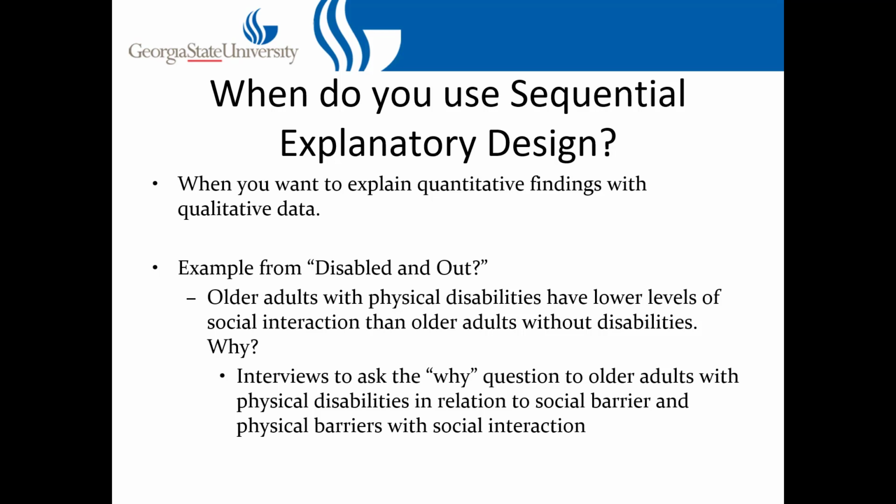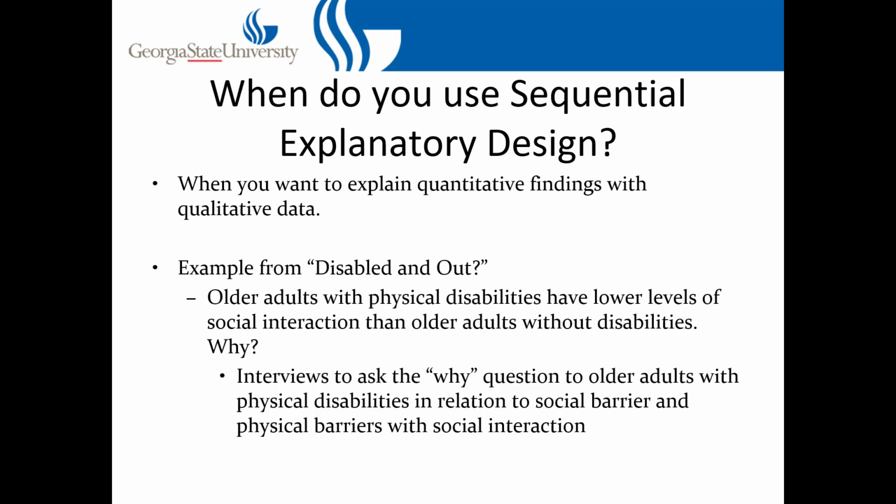And my question is the age-old sociology question: why? I wanted to understand why it is that people who have disabilities have lower social interaction. My question is not, is it true? I've established that the correlation exists, but I want to know, why does that correlation exist?